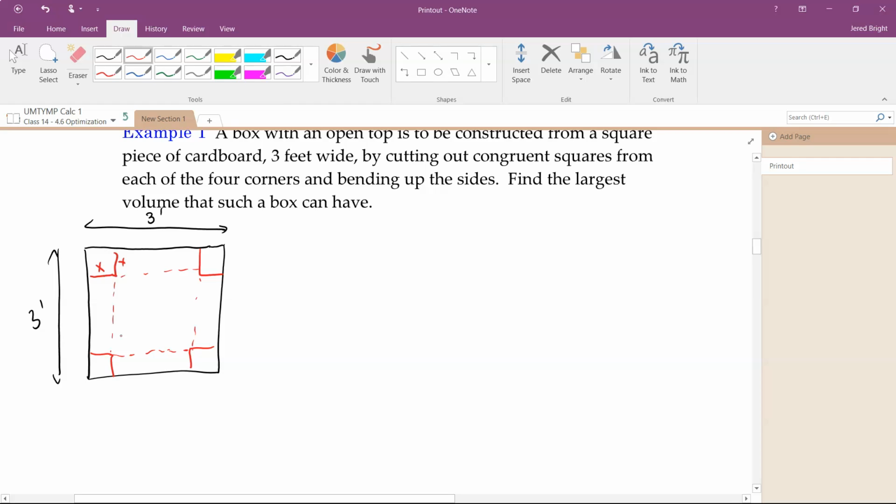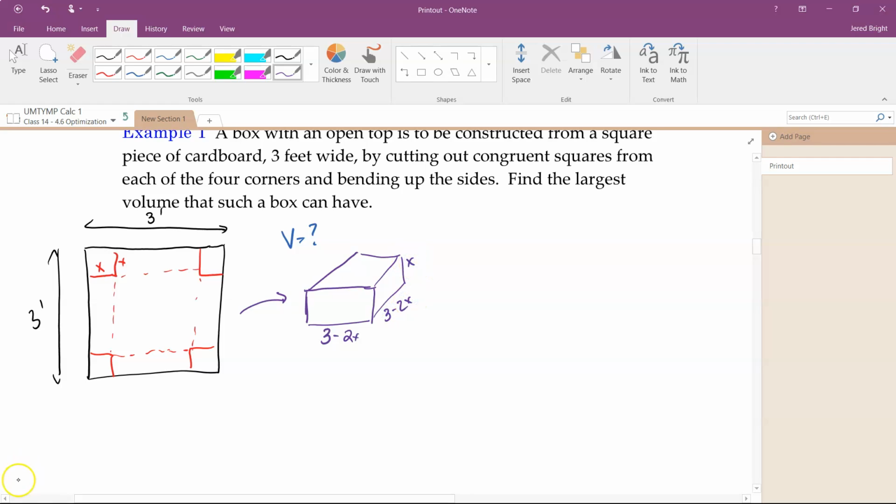Our goal is to find the largest volume. I don't know what volume is yet, but I do know this would form a rectangular prism, right? So I would fold it and it would look something like this, where the width here would be 3 minus 2x, and then 3 minus 2x, and then this would be x.